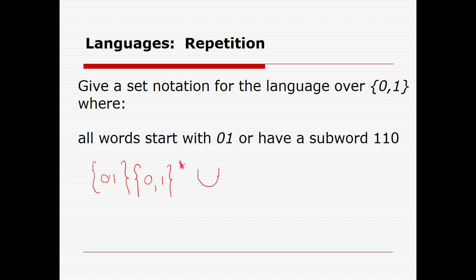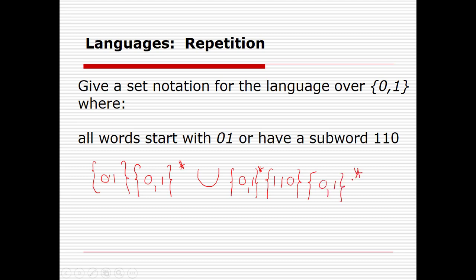And then the second part would be we have a subword. Somewhere in the middle there is a subword, and before that subword I can choose whatever I like from the alphabet, also including nothing at all, and I can finish with anything I like from the alphabet.